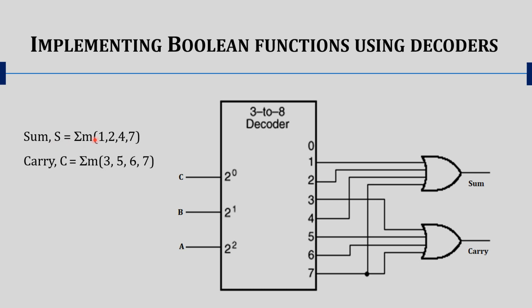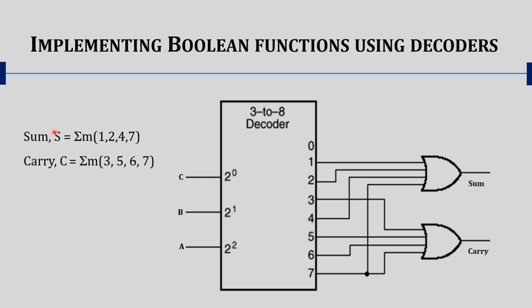The sum is equal to the minterms 1, 2, 4, 7. So we are having 3 input lines, namely A, B, C, and 8 output lines, namely 0, 1, 2, 3, 4, 5, 6, 7.